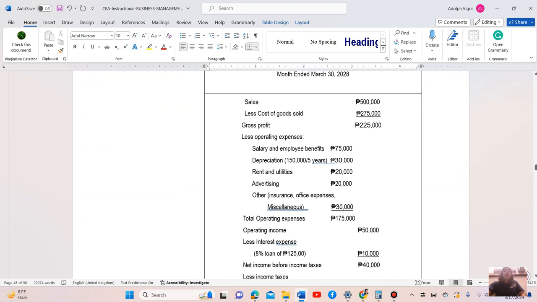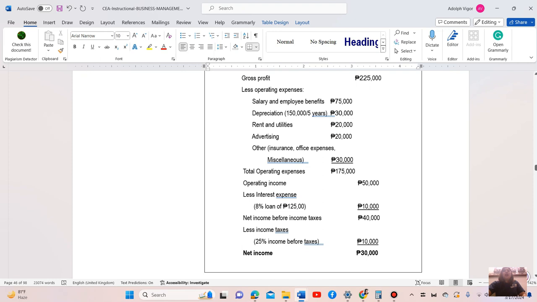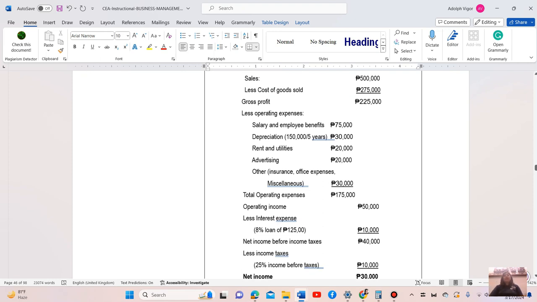You have sales of 500,000. You less the cost of goods sold of 275,000. Your gross profit is 225,000. That's the gross profit. You less the operating expenses for your salary and employees' benefits amounting to 75,000.